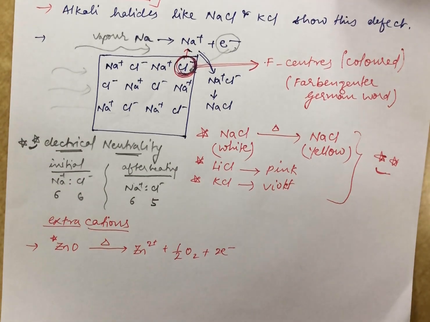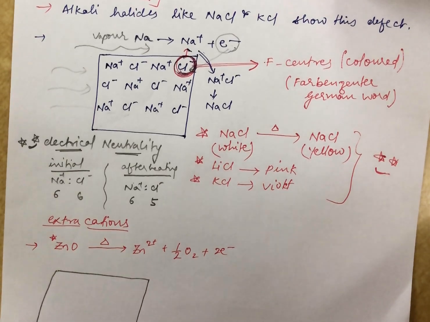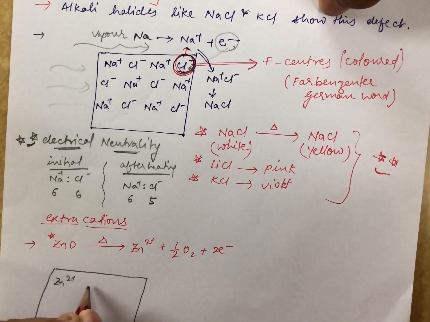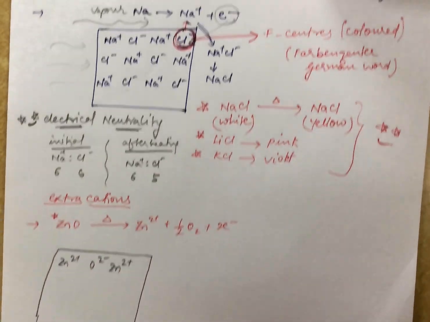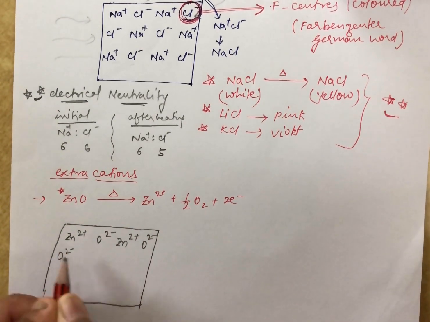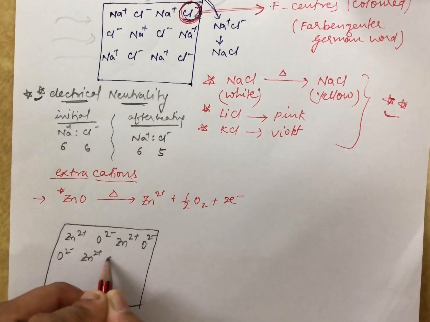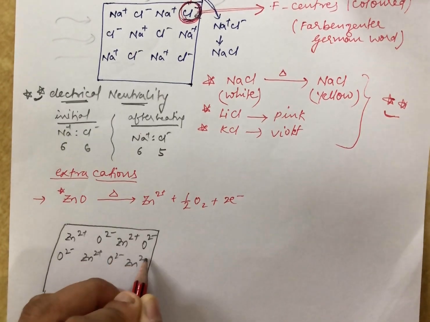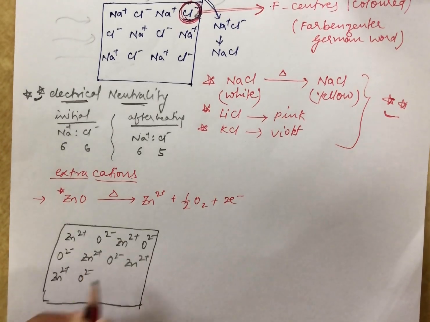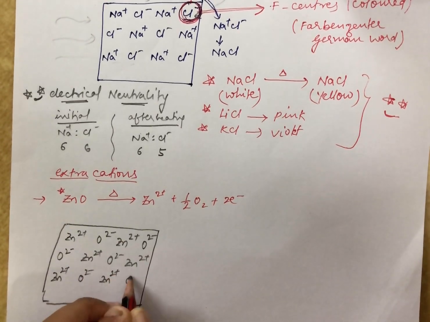Now let me show you this by a figure again. If I take your zinc oxide crystal, how does it look? It looks as if you are having Zn2 plus, O2 minus, again Zn2 plus, O2 minus, and so on in alternation.